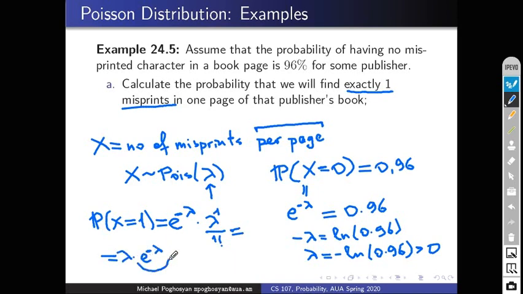We know that e to the minus lambda is 0.96. So this is equal to 0.96 times lambda, and lambda is minus logarithm 0.96. So we have solved this part of the problem.